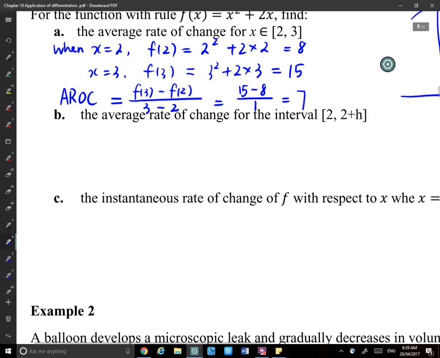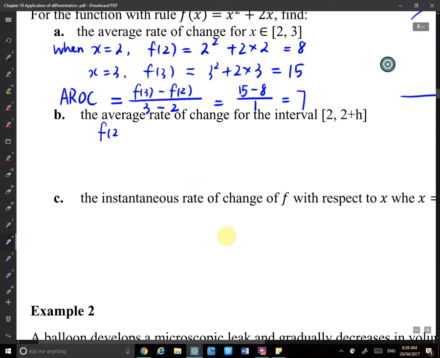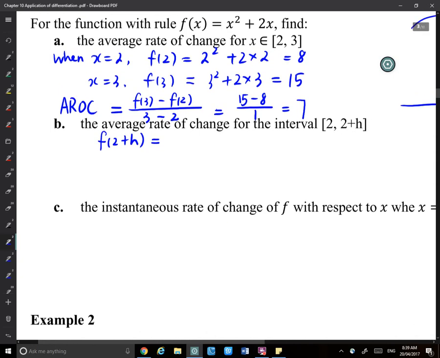The next one is: find the average rate of change for the interval 2 to 2 plus h. So you have h, which is unknown. You assume you know h. H takes different values, you have different y values, and you have different average rates of change. So we'll find f(2 plus h) first. What is f(2 plus h)?